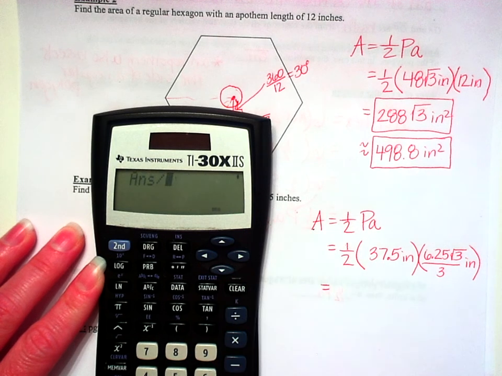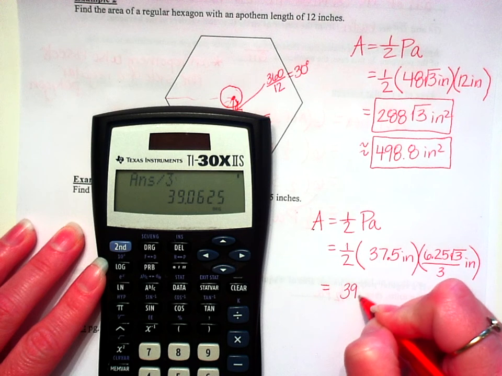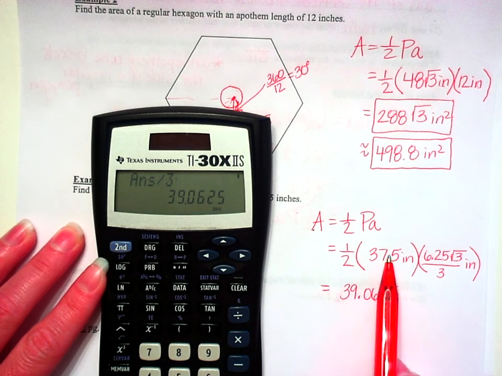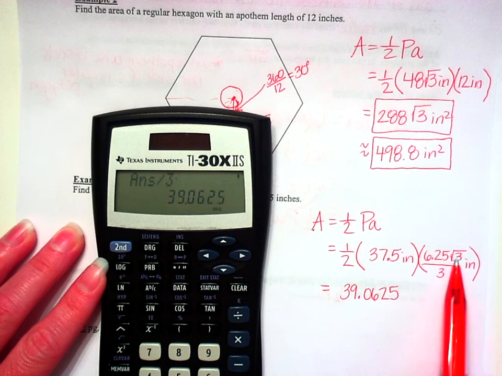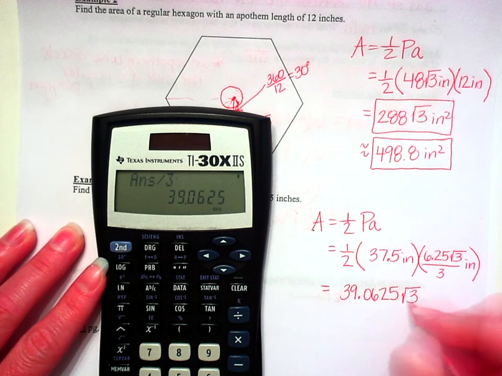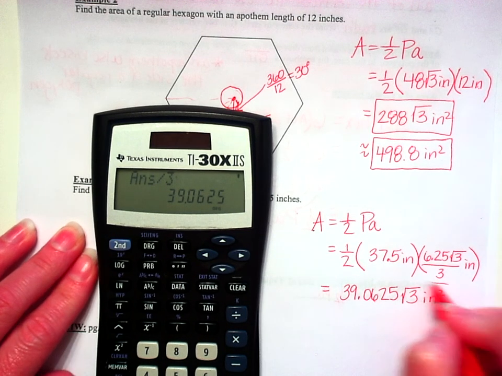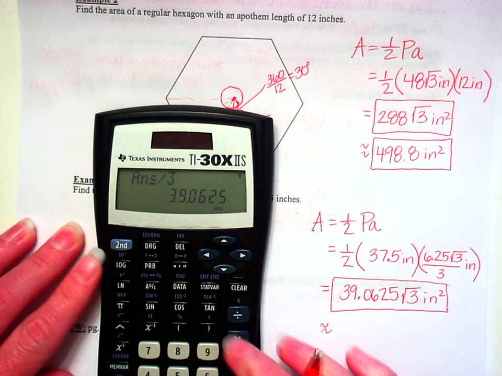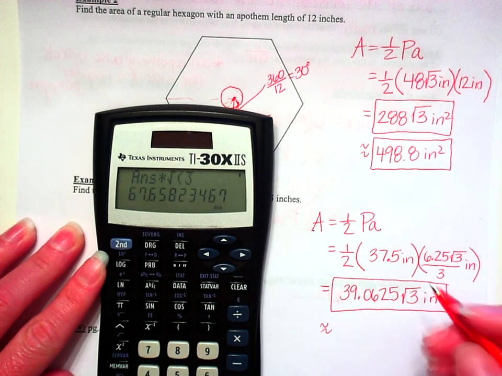So let's divide that by 3. And I can still see all of the numbers. It's 39.0625. So I did this, times this, times this, and then I divided by 3. Here's what I get. I need to put a square root 3 next to it. Inches times inches is inches squared. So that is our exact answer, and that is approximately 67.7.